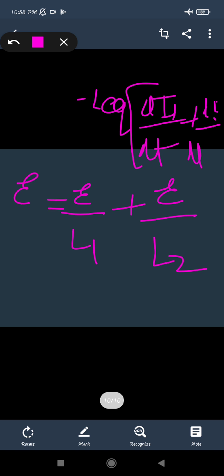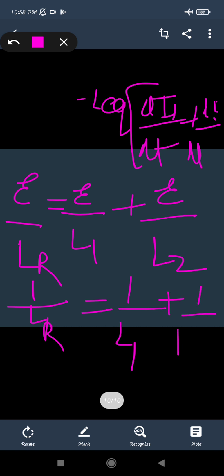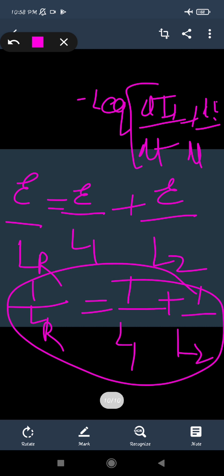And di by dt will be given as epsilon upon L, that is EMF upon L. So it will be EMF upon L1 plus EMF upon L2 for both the coils. So from here it can be written as EMF upon L equals the resultant, so 1 upon L equivalent will be equal to 1 upon L1 plus 1 upon L2. So this is the parallel condition.